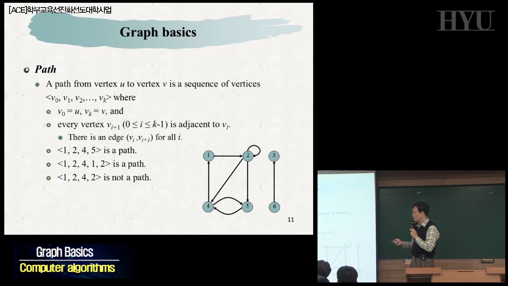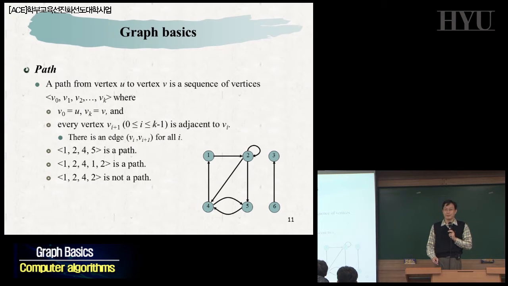That is the same as there is an edge Vi, Vi plus 1 for all i. Look at this example. 1, 2, 4, 5 is a path from 1 to 5. Why?